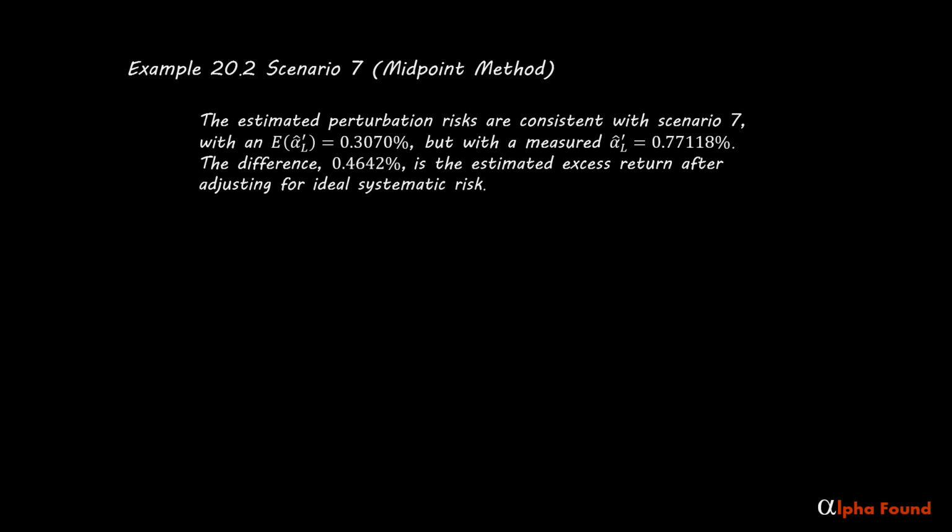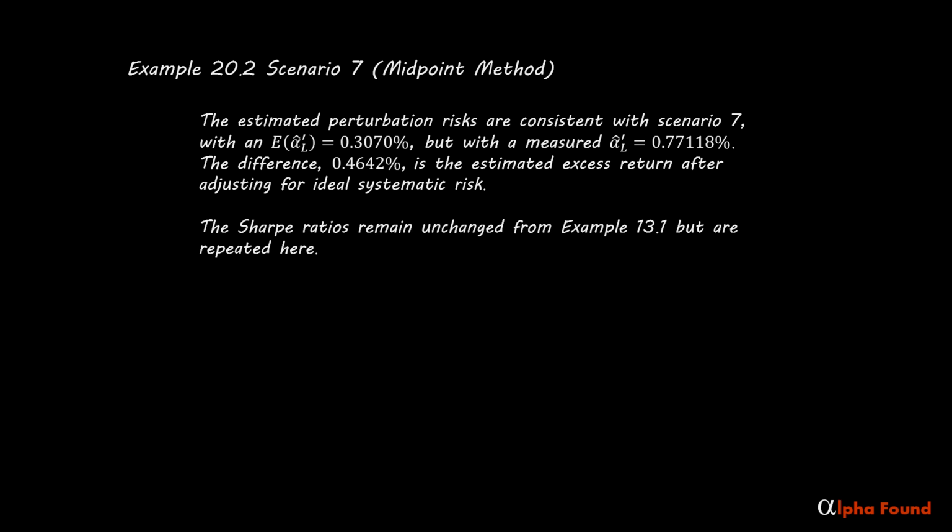The difference, 0.4642%, is the estimated excess return after adjusting for ideal systematic risk. The Sharpe ratios remain unchanged from example 13.1 but are repeated here.